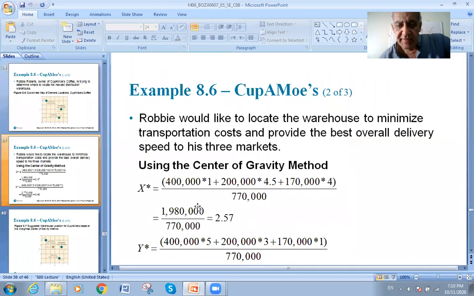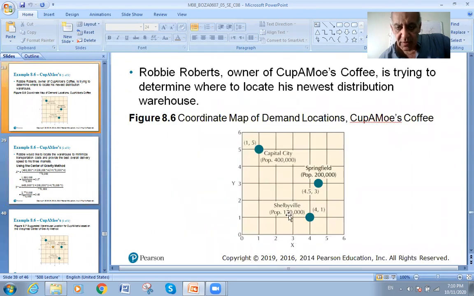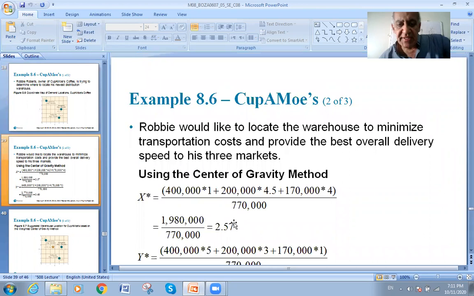This will be divided by 770. What is the 770? It is 400 plus 200 plus 170, which gives me 770.